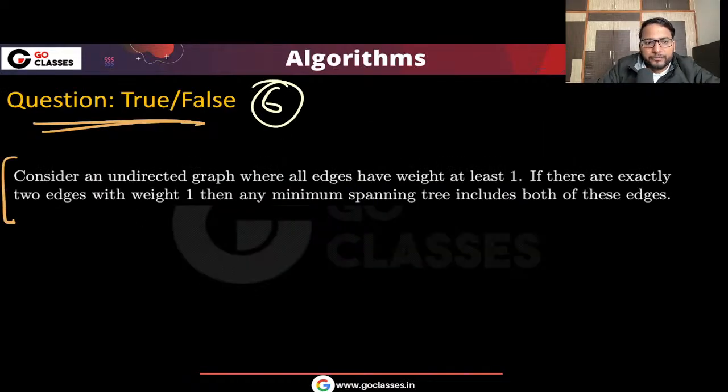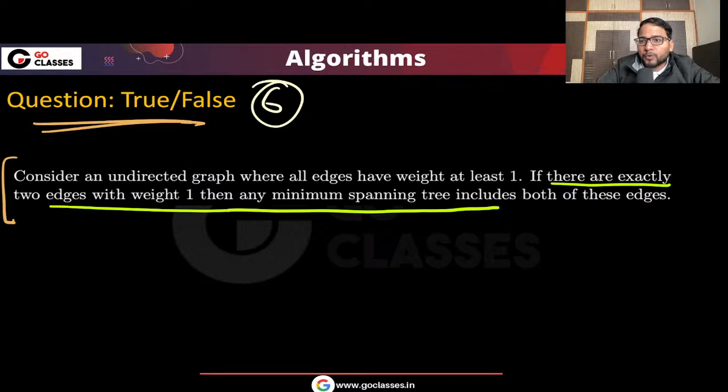Let's just see this question. Consider an undirected graph where all the edges have weight at least 1. If there are exactly 2 edges with weight 1, then any minimum spanning tree includes both of these 2 edges.